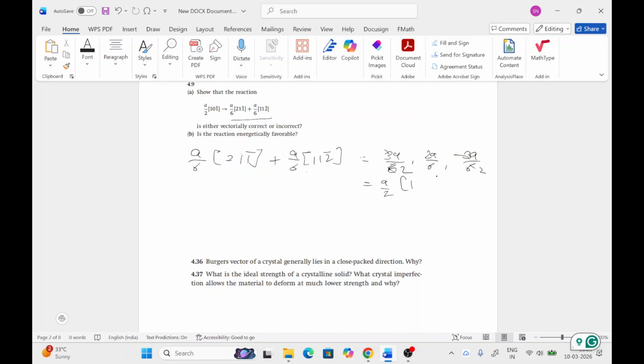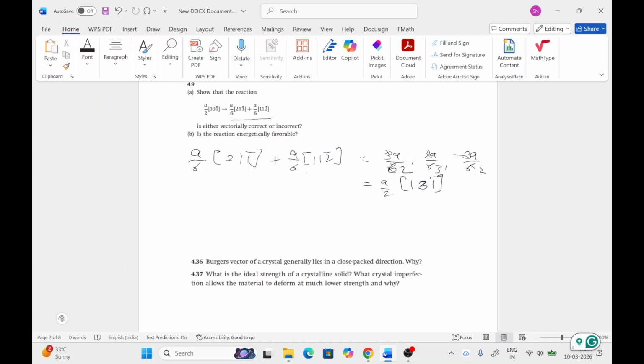Here it will be 3. So a by 6, a by 6, 2a by 6 will give 3. And here it will be bar 1.